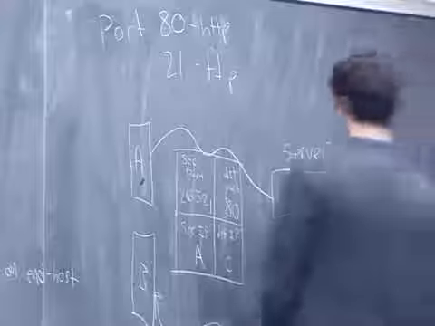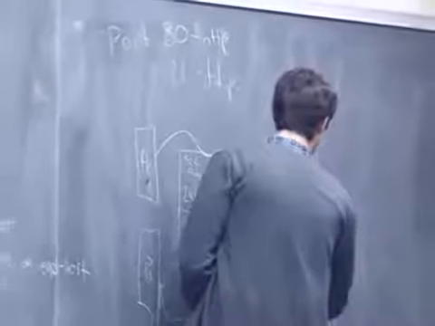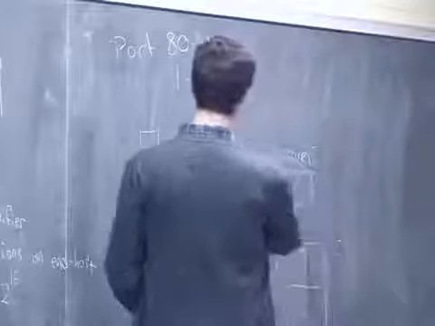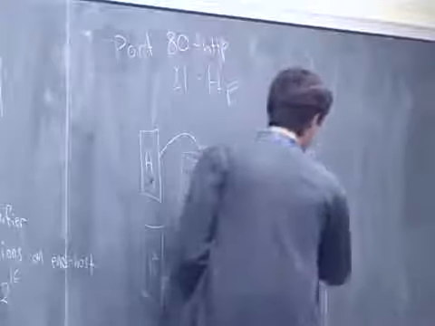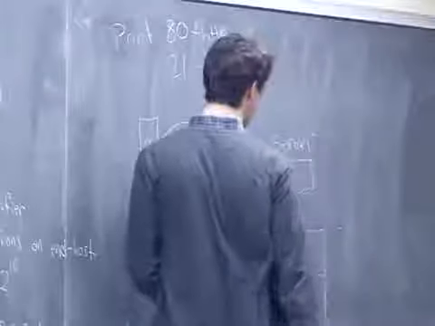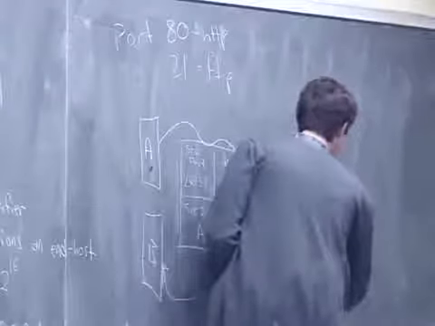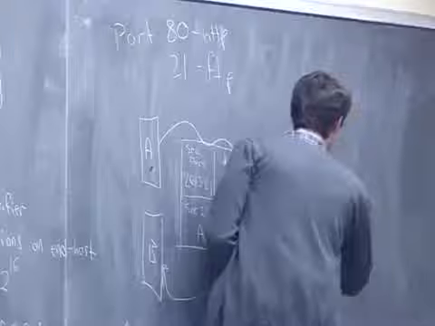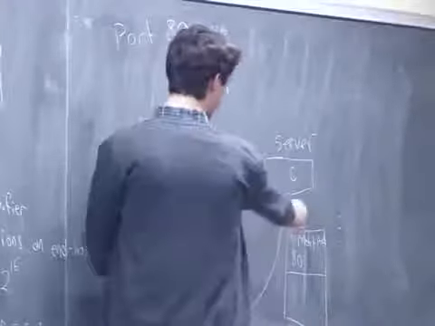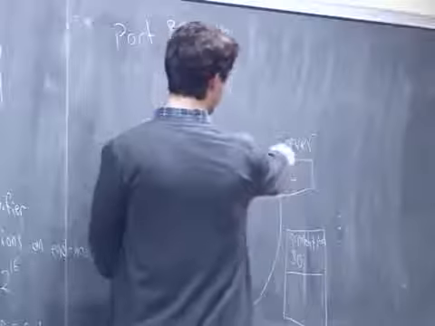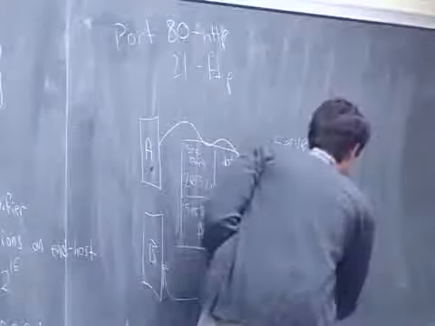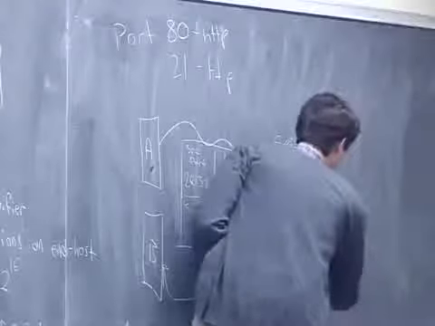The source port is the source port of server C. So this source port is 80. The destination port is the port that B used when it opened up this socket to server C. So let's just say that that was 33.111.